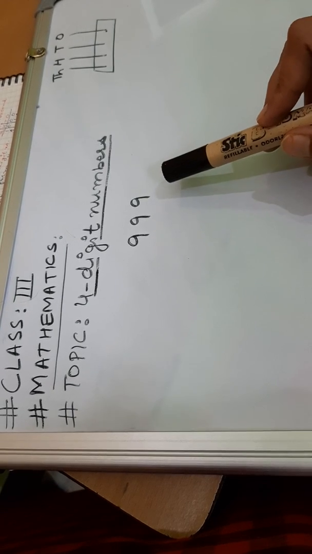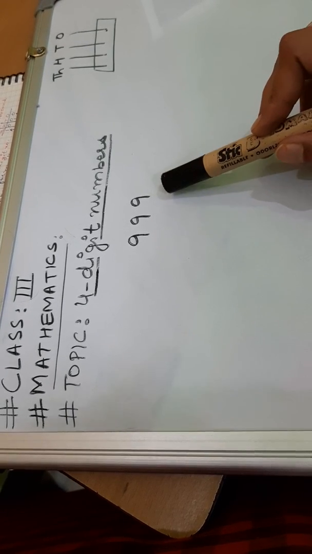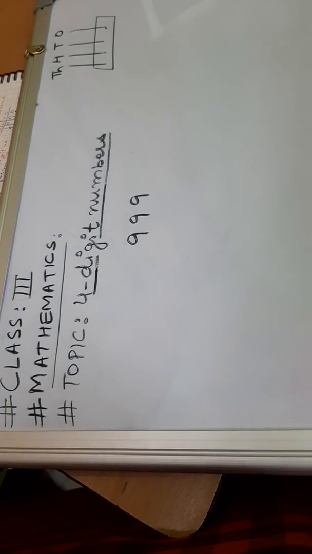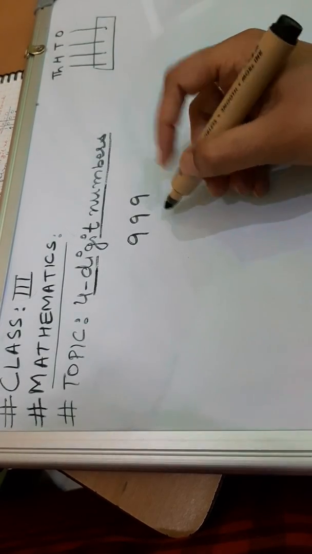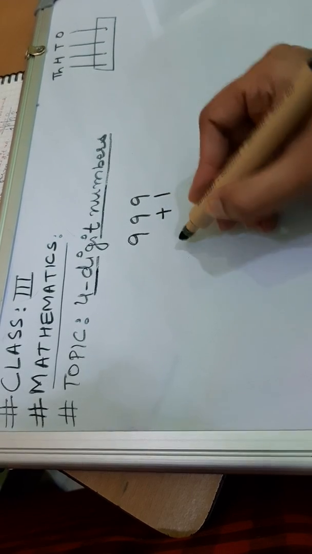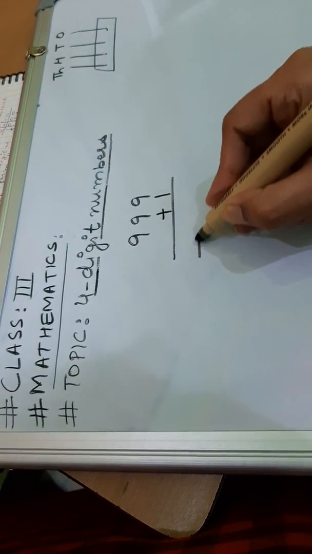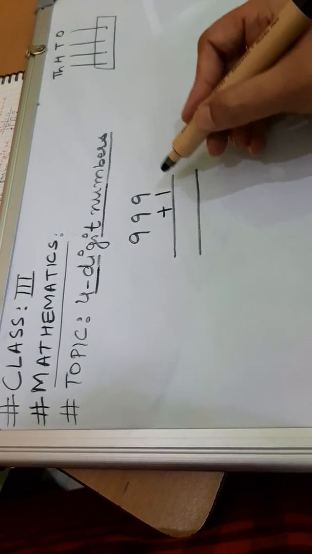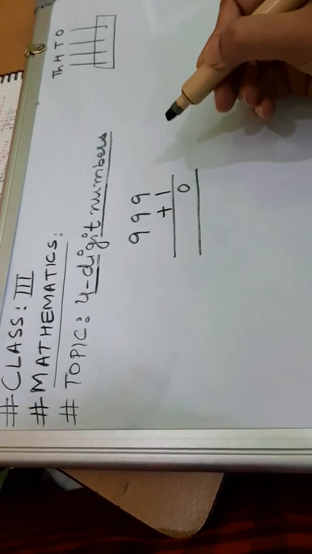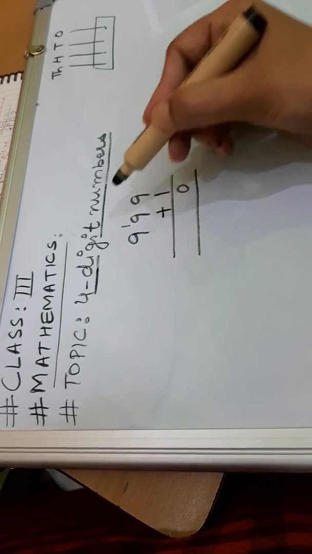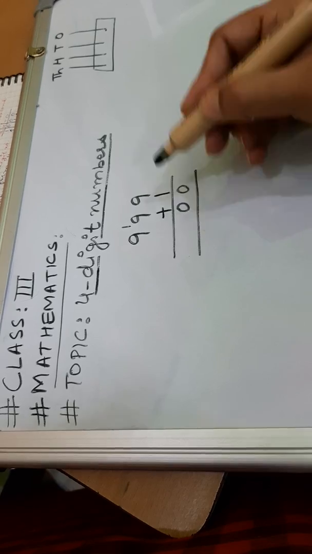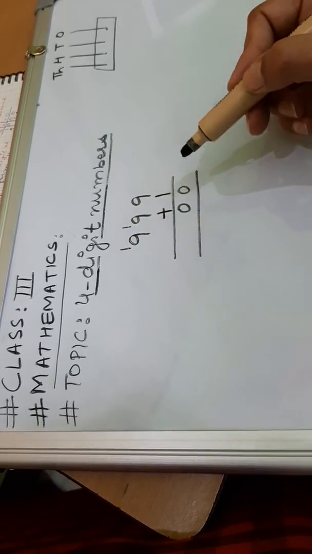What about the numbers beyond 3-digit numbers? There come the 4-digit numbers. See how? If I add 1 to this number, what will it become? 9 plus 1 is 10, so 0, 1 carry. 9 plus 1 again is 10, 0, 1 carry.